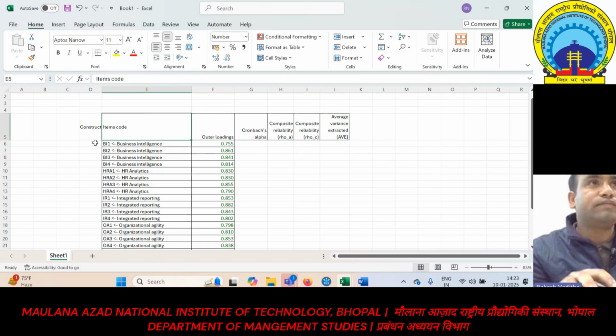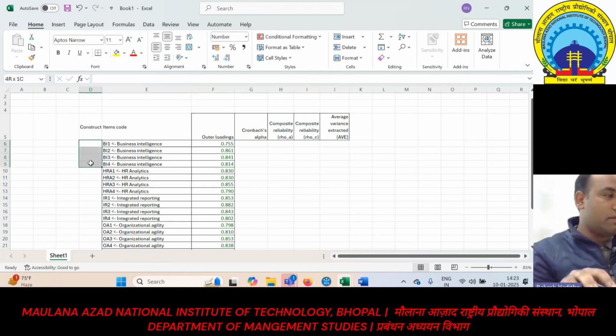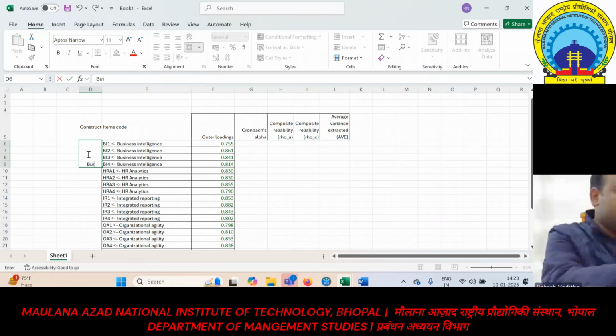Shall we go forward? Here in place of construct, merge that B1 to B4, make it as business intelligence.